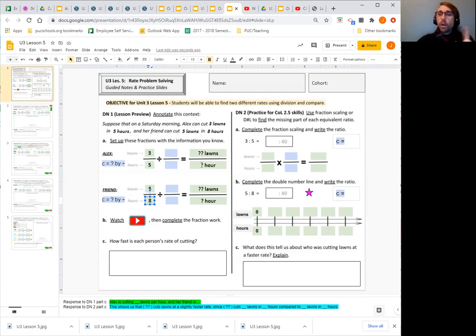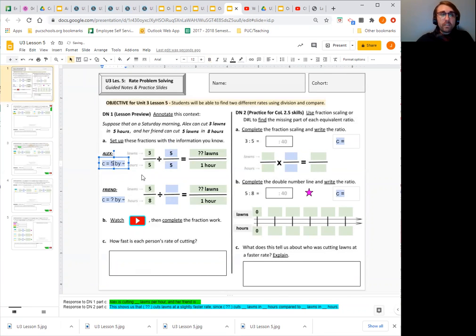And so to do that, per hour means 1 hour. So I'm going to put 1 in for the hours, and our goal is to find the number of lawns. Well, to figure out what to divide by, I need 5 to become 1 in Alex's fractions, and I need 8 to become 1 in the friend's. And so that means that we're going to be dividing by 5 over 5 for Alex.